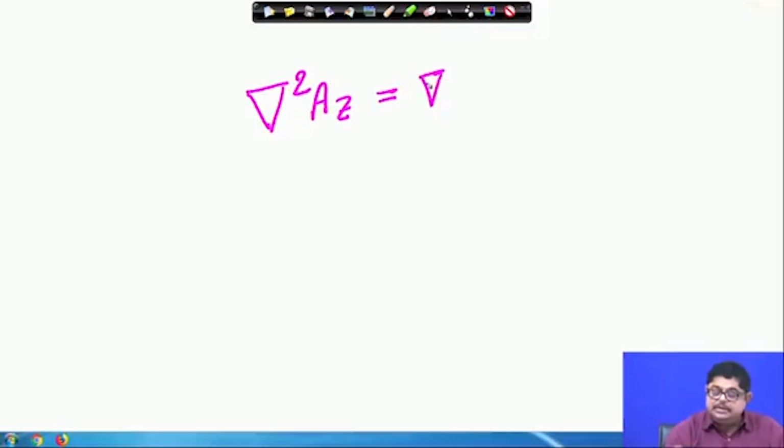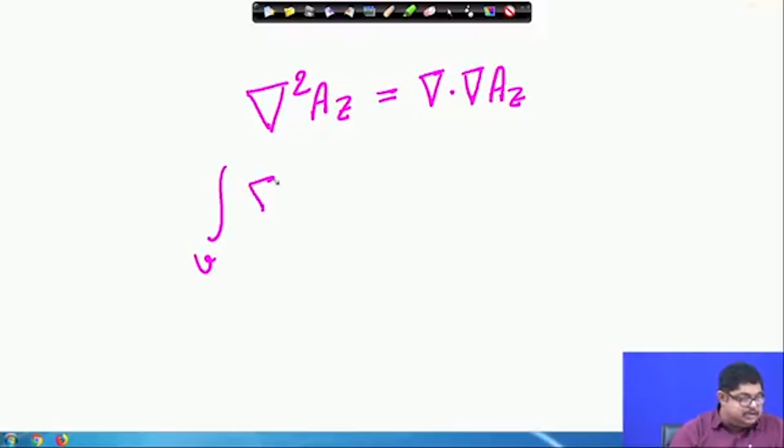So, we can use the divergence theorem. What is del square A z? Del square A z is nothing but the Laplacian. A z is a scalar, so gradient of that, divergence of that. So, now using the divergence theorem, can I write this?